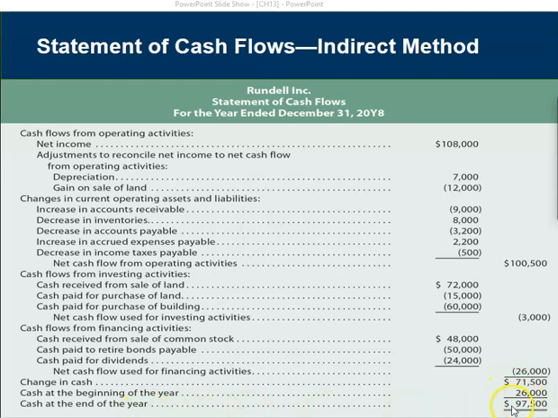Cash at the end of the year was $97,500. Change in cash is $71,500. And then starting at net income and working our way down, we end up with a net change in cash of $71,500, which ultimately matches up with our cash balance at the end of the year.